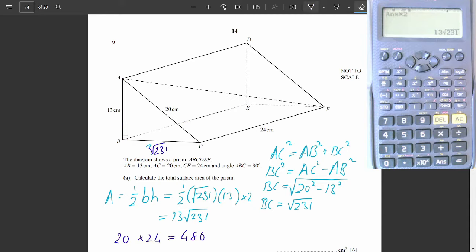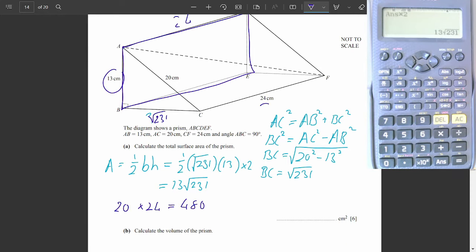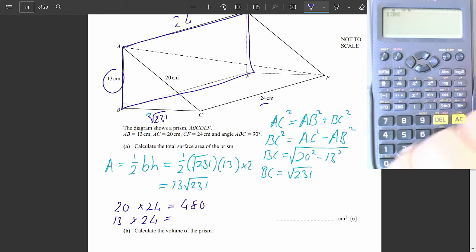That will be 13 times this length, which is the same as this one, which is 24. So we're doing 13 times 24. What's 13 times 24? 312.